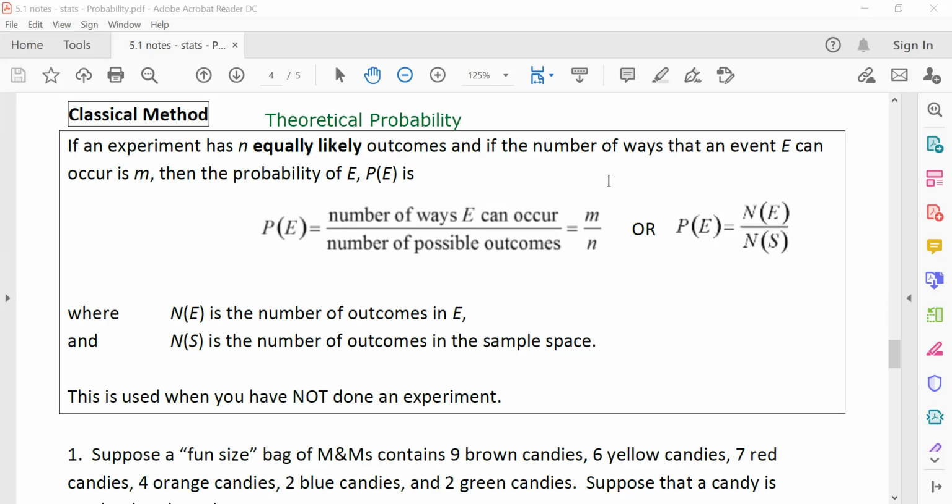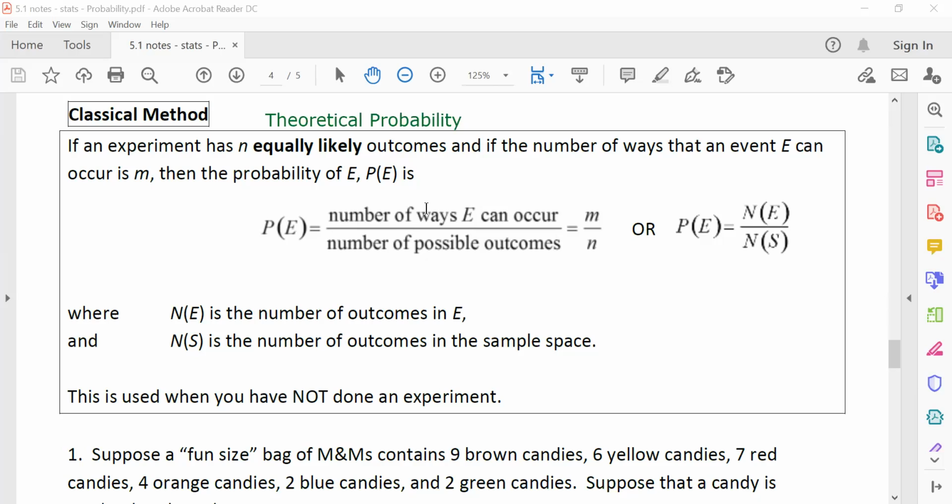The classical method computes probabilities based on how it ought to happen. We take a probability experiment and we say the number of ways our specific event can occur, and we divide by the number of possible outcomes. And that's how we compute the probability of our specific event. So for instance, if I flip a coin, there's 2 possible outcomes, heads or tails.